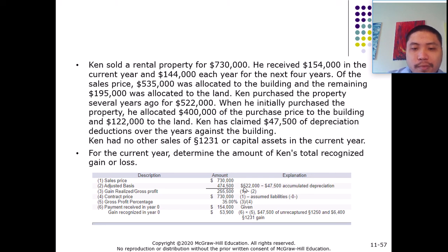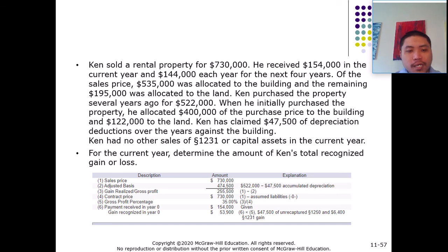In here they kind of shortened the calculation, but it is the same. So the adjusted basis was $474,500, and we can calculate the gain realized, which is $255,500.